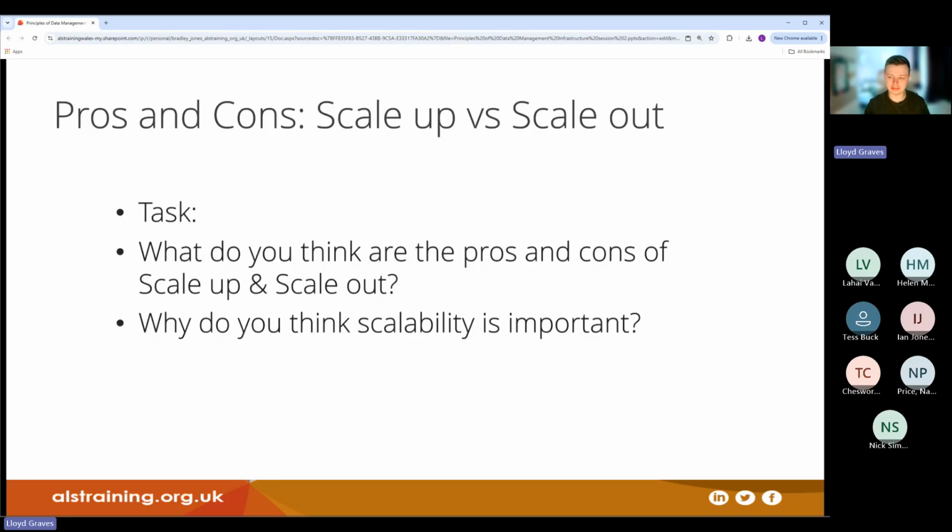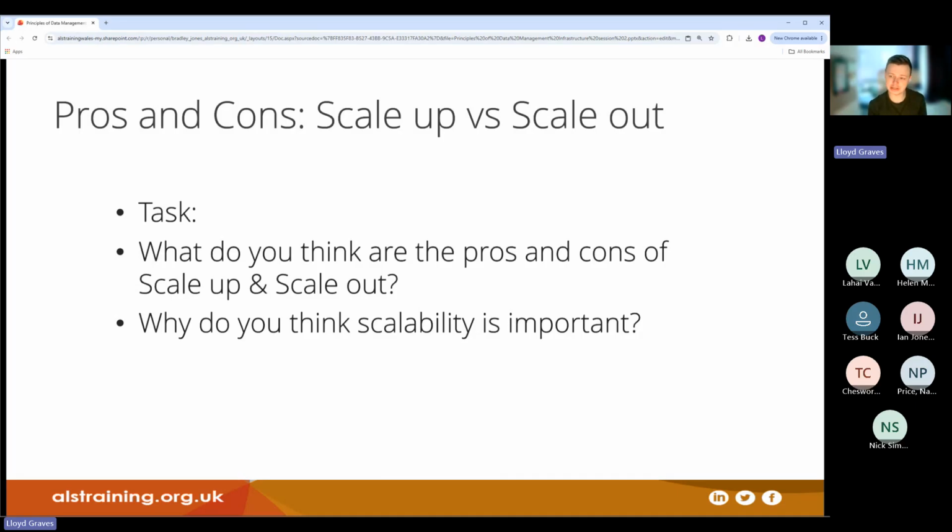If your organization can't deal with those volumes of data, you can miss out on opportunities. We use data to give us insights and make decisions. If you're not using the most up-to-date data because you can't manage it, and other organizations are able to do that, you might miss out on opportunities because of insights that they've gathered that you haven't, because you're behind the curve on your scalability.